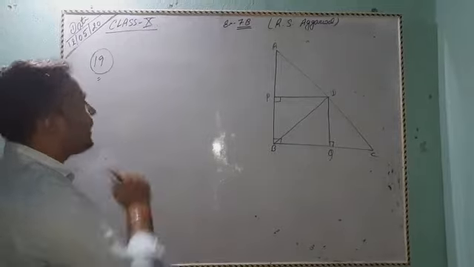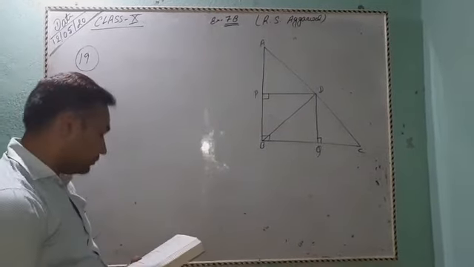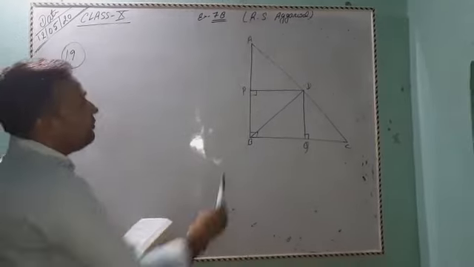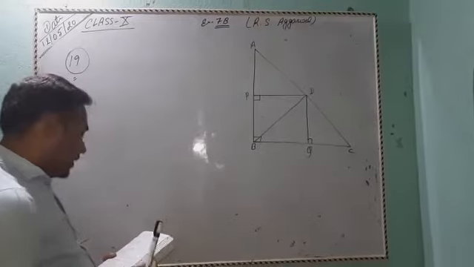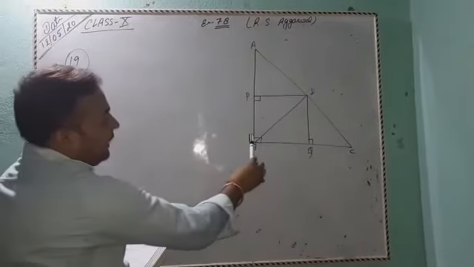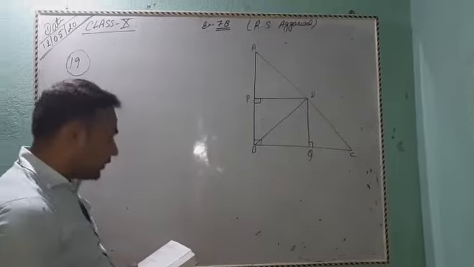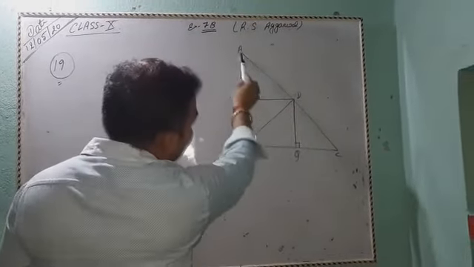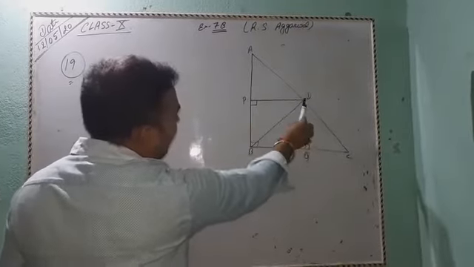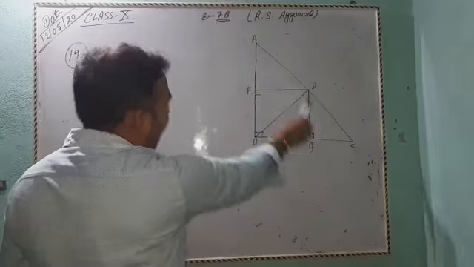Next, question number 19, the last question of this exercise. In a right triangle ABC, right angle at B, D is a point on the hypotenuse. AC is the hypotenuse, the side opposite the right angle.